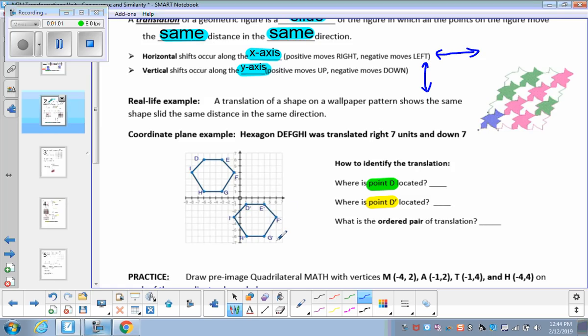So to identify how this was translated, first I'm going to ask you to take a look at point D. And point D is currently located at -6, 6. D prime is located at 1, -1.